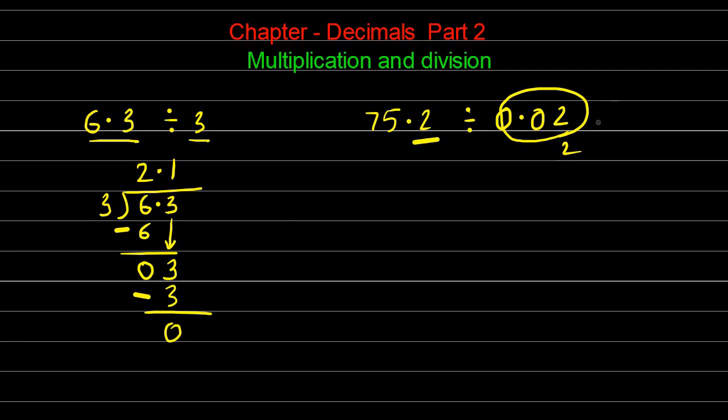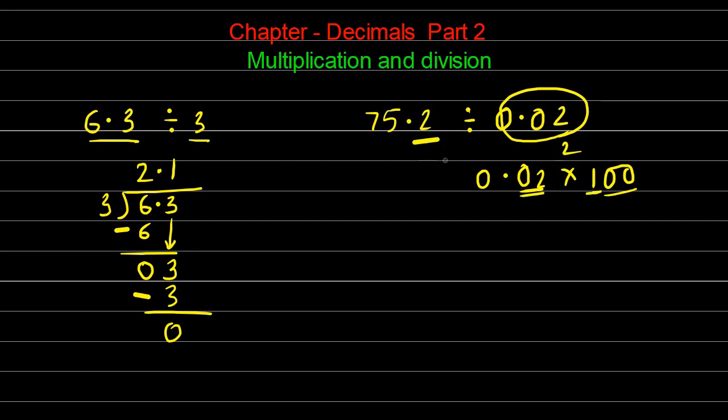Okay, so to convert this 0.02 into a whole number, it needs to be 2, isn't it? So how to make it? If I multiply 0.02 by 100, why? Because there are 2 decimal places, so I need to multiply it by the number which has 2 zeros. Obviously we need 100, so 1 is also playing an important role over here.